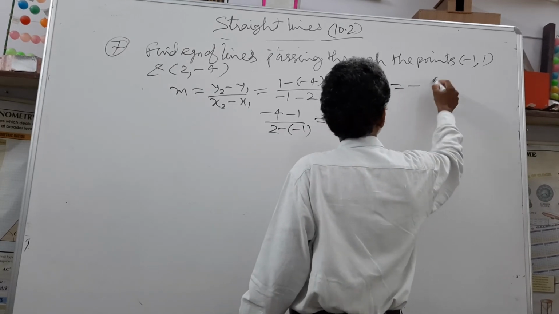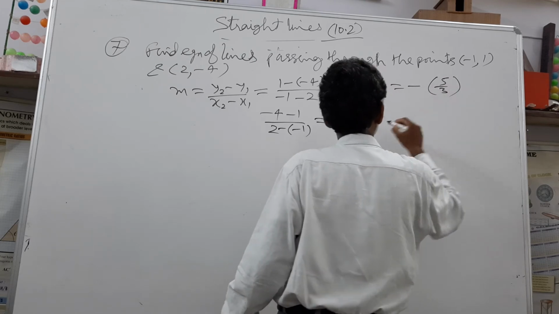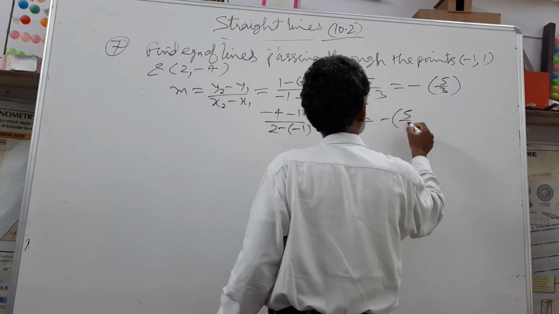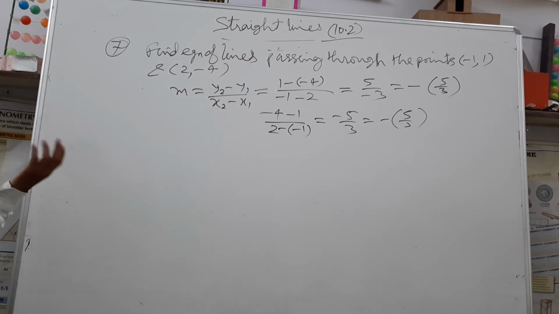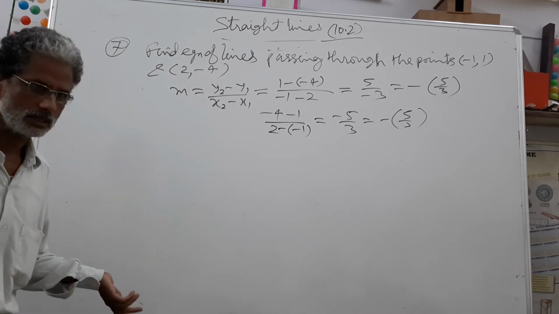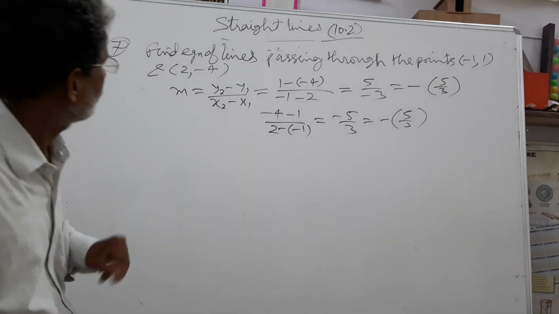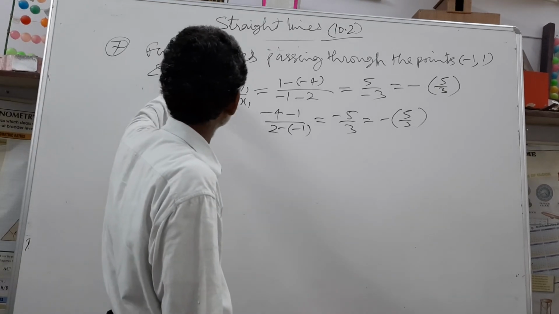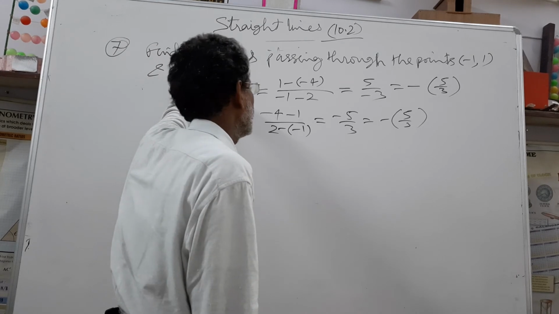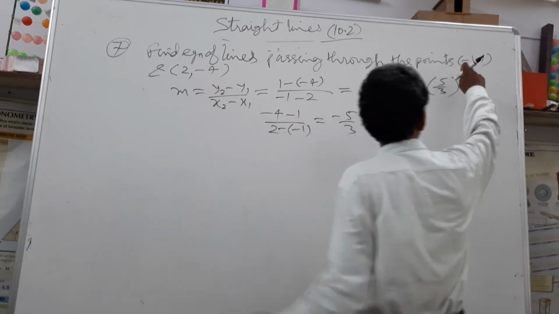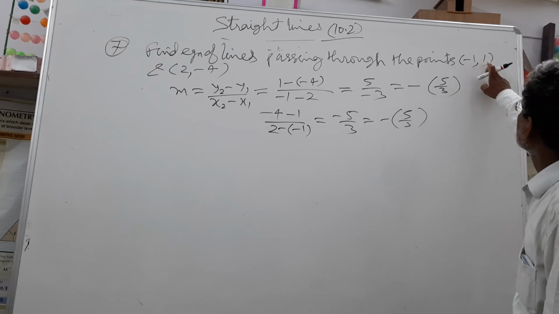Same as above, minus 5 by 3. Therefore, you can take any point as x2, y2, any point as x1, y1. But always remember that if you take this as x2, then this becomes y2. If this is x1, then this is y1.